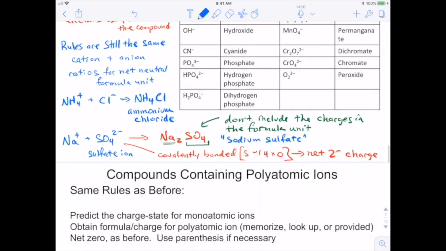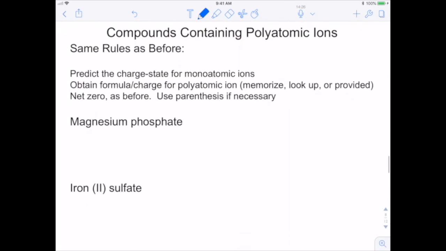All right, now let's take a closer look at some of these rules for compounds containing polyatomic ions. The rules are really the same as before, except now we have polyatomics to consider as well. So just as before, we need to predict the charge state if there are monoatomic ions present.